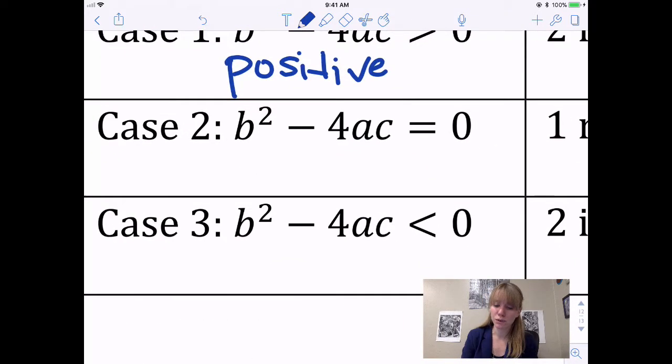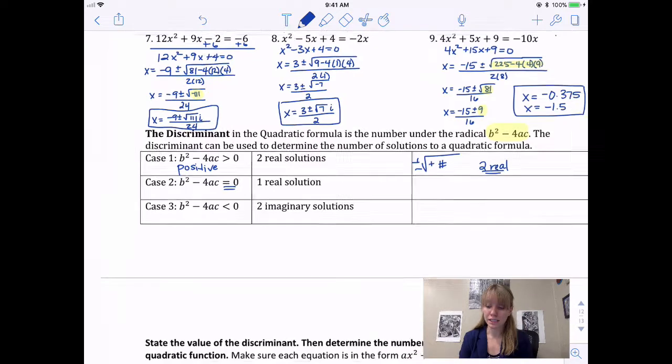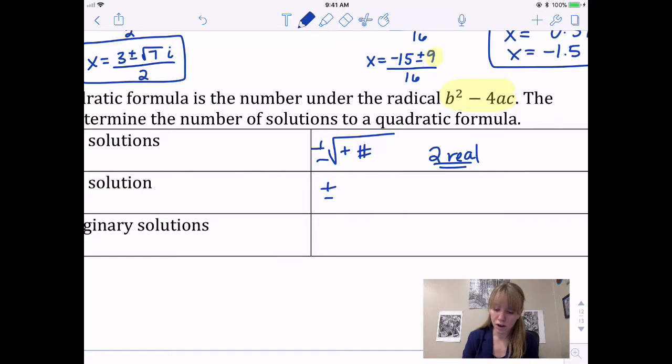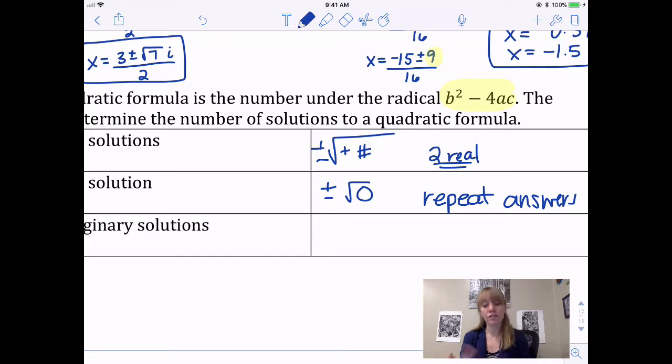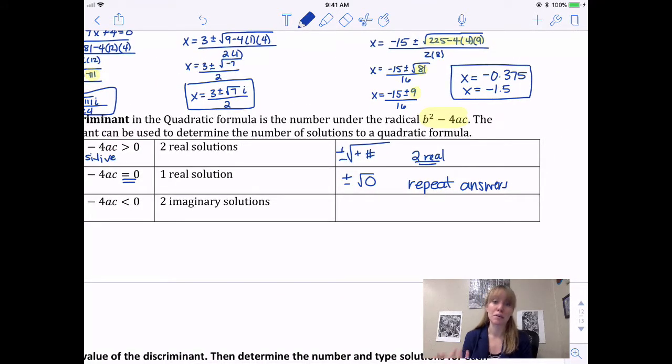But if b squared minus 4ac is equal to 0, then we get 1 real solution. That's because plus or minus the square root of 0, or plus or minus 0, is going to give you repeat answers. So whatever the first solution is, the second solution is going to match it. It's going to be exactly the same.